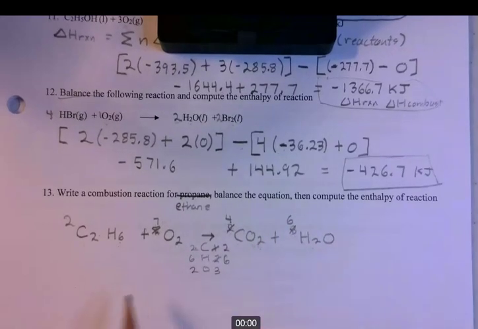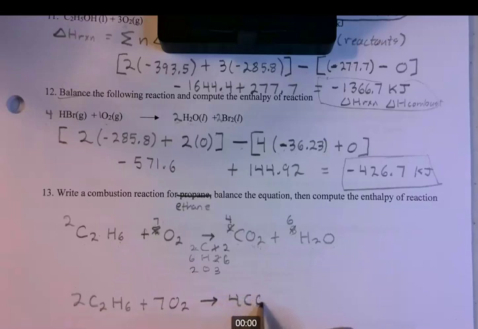For a balanced chemical reaction, I'll just go ahead and write it down here, is 2C2H6 plus 7O2 gives us 4CO2 plus 6H2O.